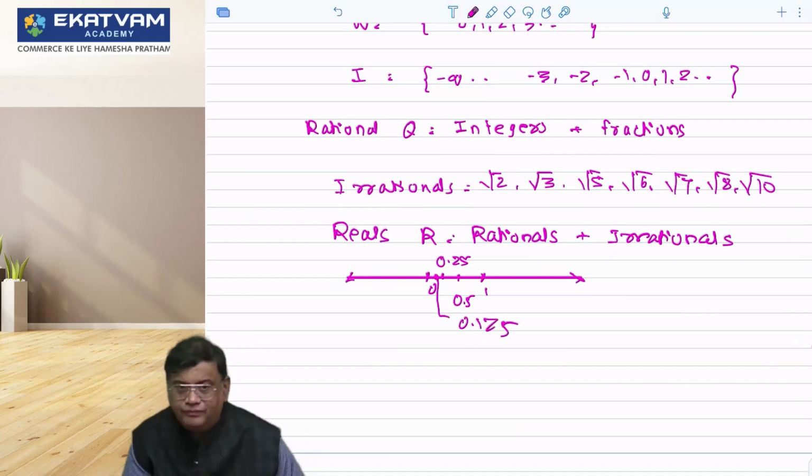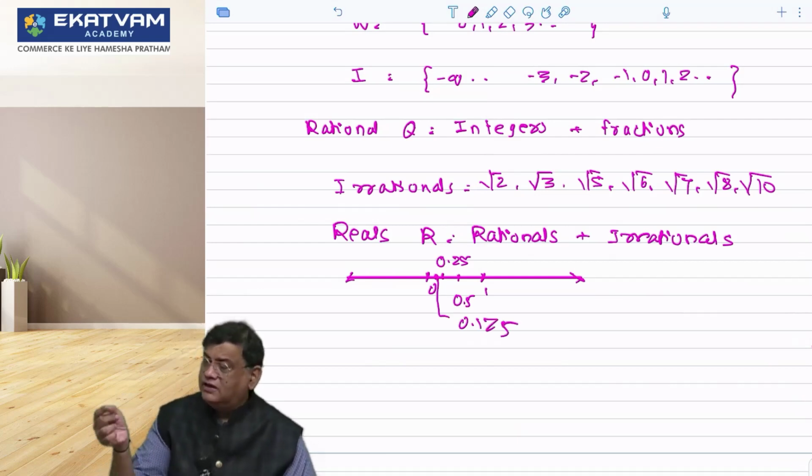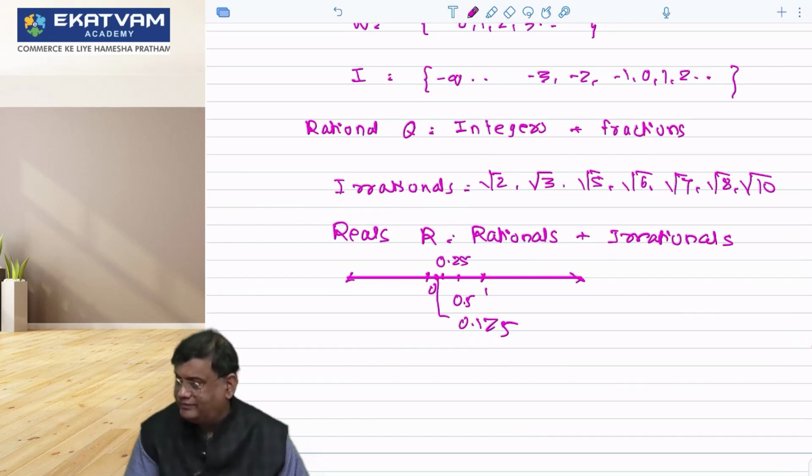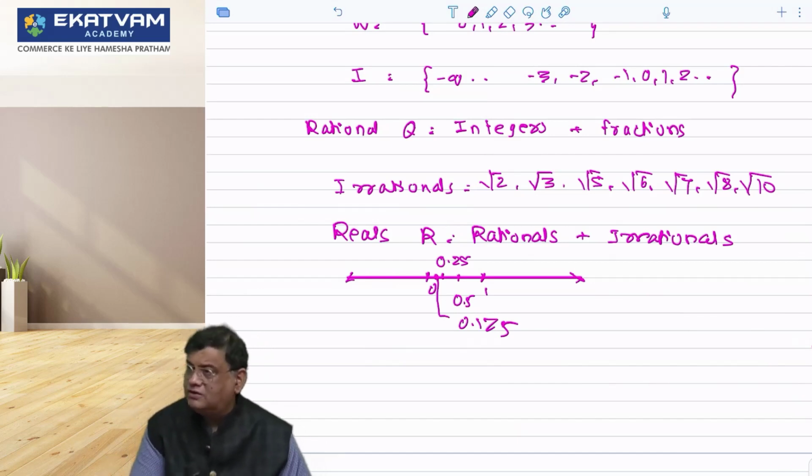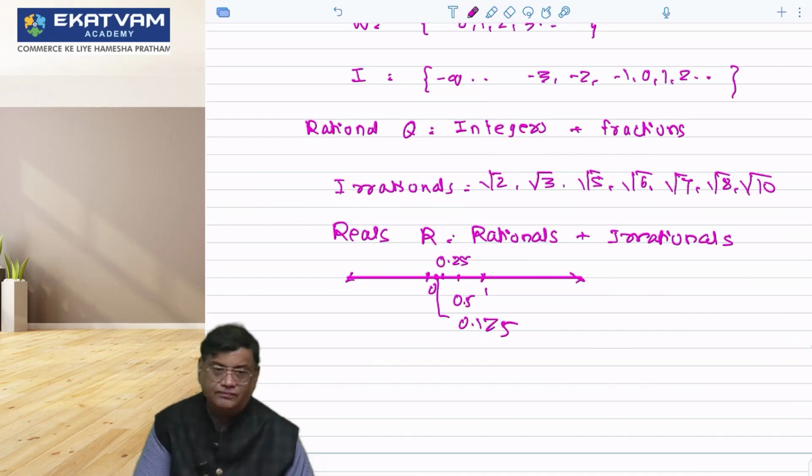Did you understand? And therefore real numbers do exist and you can represent them on the number line.